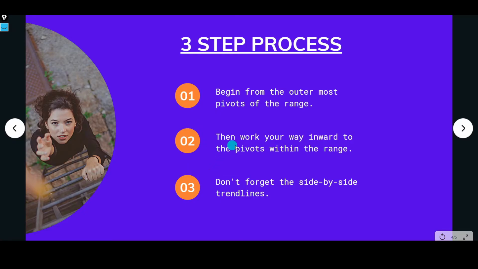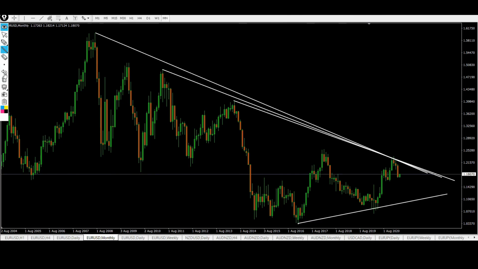Then work your way inward to the pivots within the range. The pivots within the range means any pivot that is not on the outer side of this range. So that would mean this area, and possibly even this area. Let's go ahead and draw those. We could draw one from this pivot to this pivot, 3 touches, no breakouts.